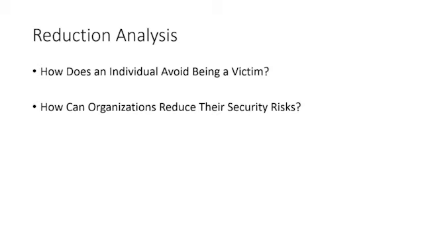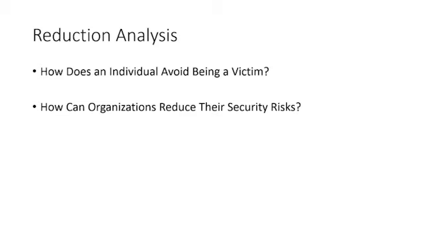Now we also have a reduction analysis. So how does an individual avoid being a victim in the first place? How can we keep them from being compromised, getting that PII, or having their workstation compromised, or becoming the victim of a social engineering attempt or a phishing attempt?